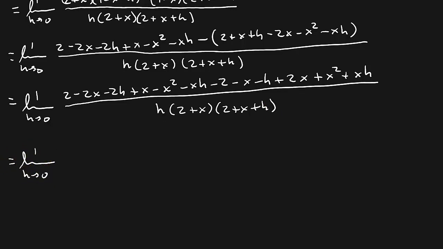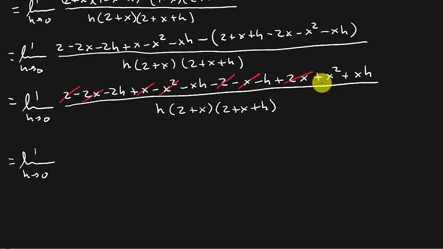Now let's see what cancels. So we can see the 2's cancel out. The 2x cancels out. What else? The x here and this x cancel out. If you add them all up, they'll cancel out.